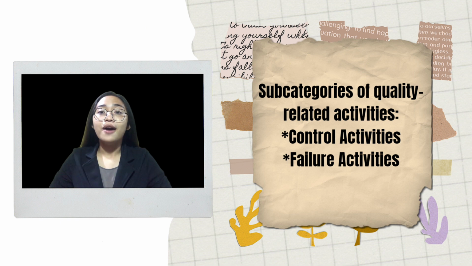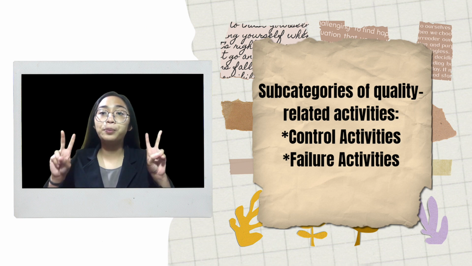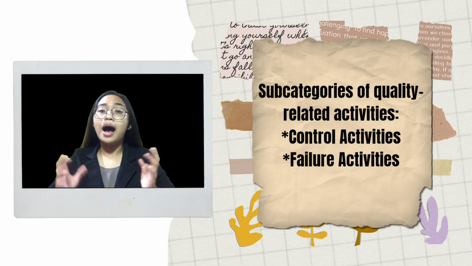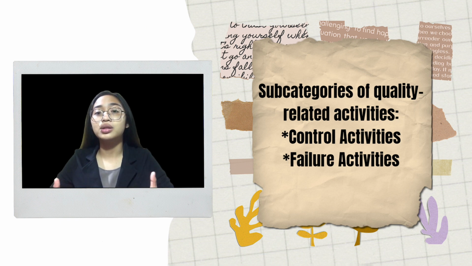On the other hand, failure activities are performed by a company or its customers in response to bad quality or poor quality does exist. If the response to poor quality happens before a bad product is sent to a customer, the activities are called internal failure activities. If they happen after the product has been sent to the customer, they are called external failure activities.